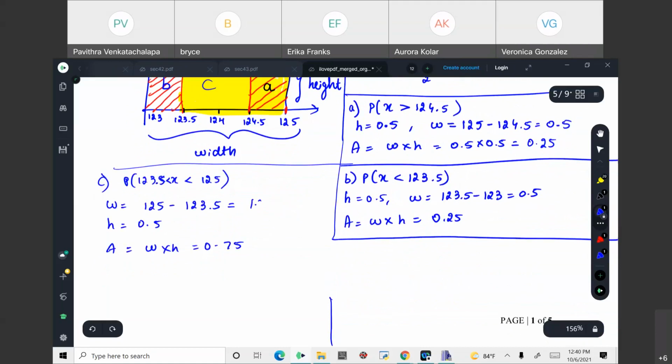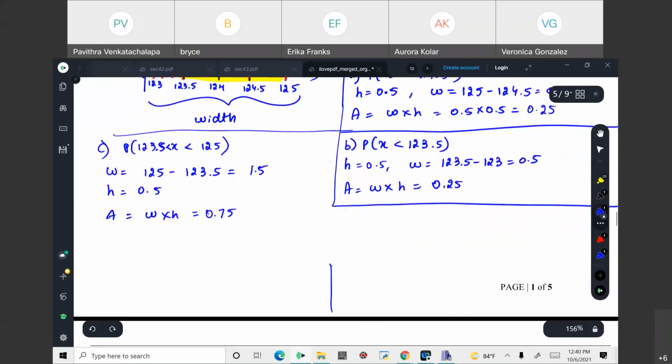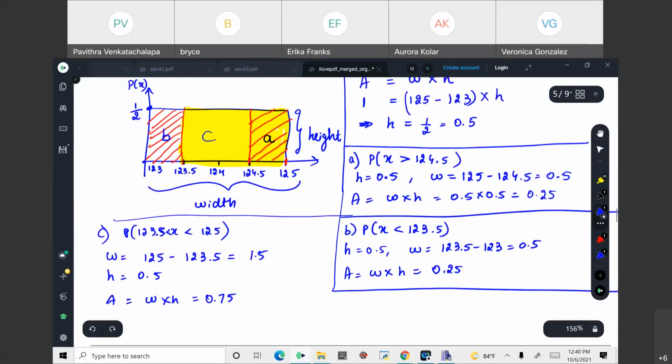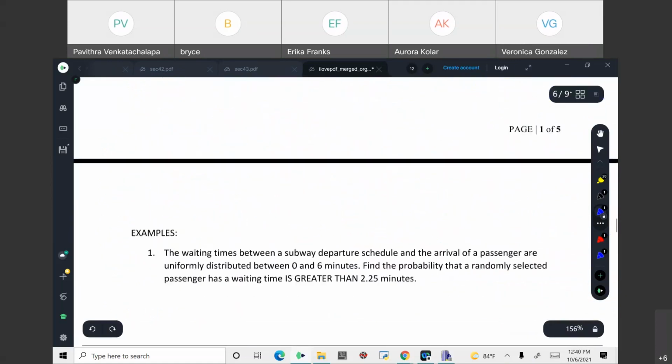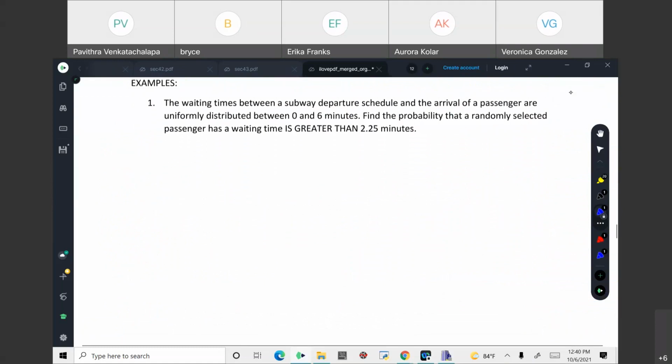Correct. So the answer will be 0.75. Okay, so this is how you have to calculate the areas. Now you will have different questions with the same concept. You will not be finding only the areas, you will be finding a number of other things. So we will do these examples also.